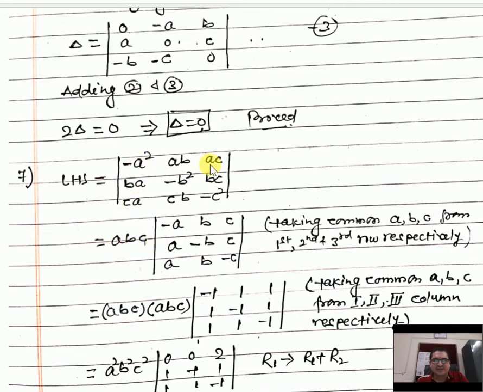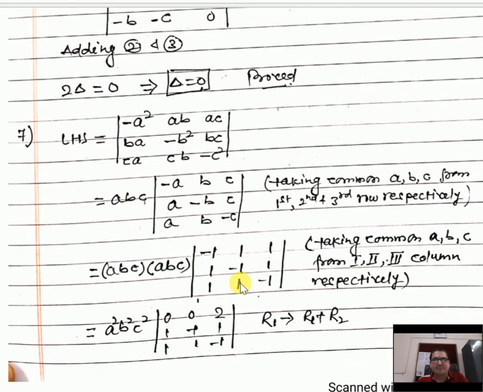Taking a from R1, it was minus a square, so minus a, here it will be b, here it will be c. Taking b from R2, a, minus b, and c. Taking c from R3, a, b, and minus c.